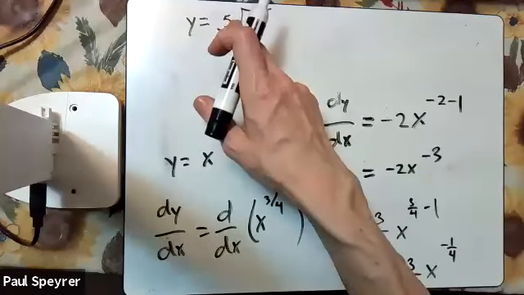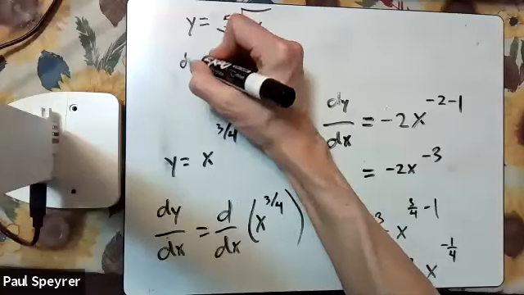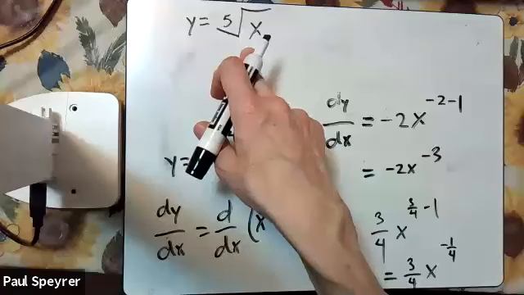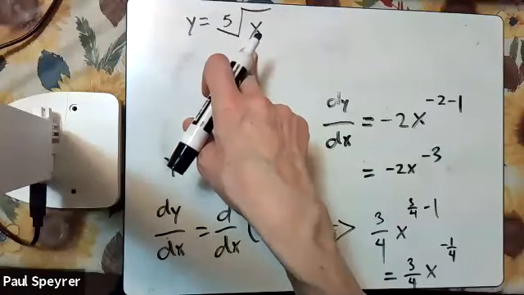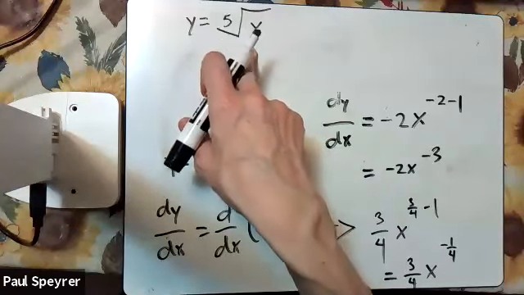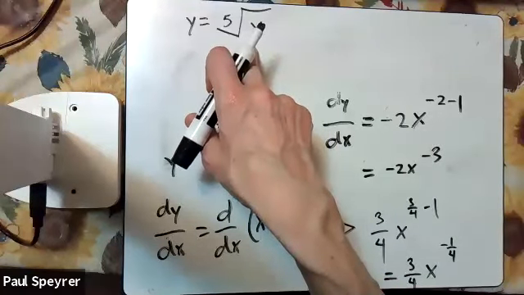Fifth root, that's the index, right? That's the type of root we're dealing with. How do we find its derivative right here? Well, anytime you have radicals, whether you're finding the derivative or later on when we're finding the antiderivative, what we should do is convert them into exponential form, okay? Because then once you do that, you can apply the power rule.